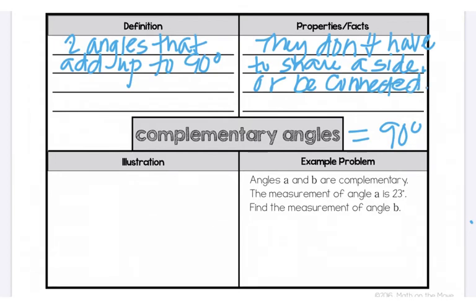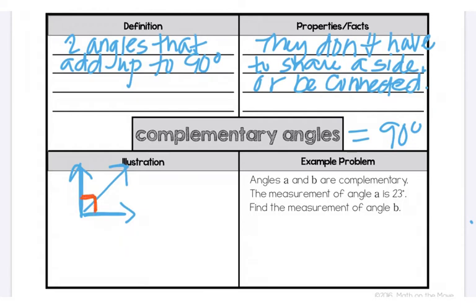Now, let's look at our illustrations on the bottom left. So, first off, just like supplementary, we do have a symbol that will let you know that it is complementary. So, complementary angles are going to have this little red box to show that it's 90 degrees.